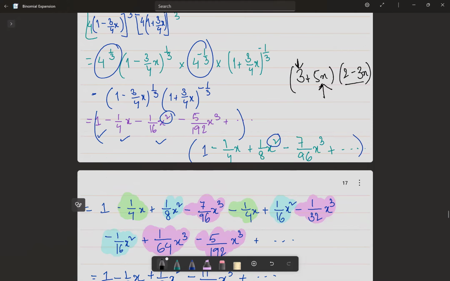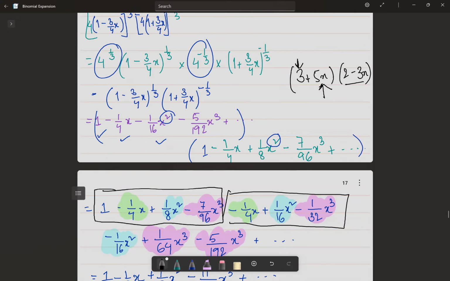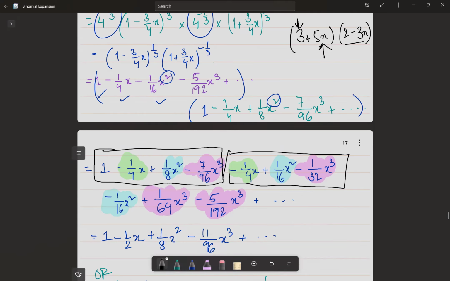We got the first 4 terms with 1, and then we picked 1 by 4. With 1 by 4, we got the next 3 terms. Then we picked 1 by 16x squared. With 1 by 16x squared, we got the next 2 terms. And with minus 5 by 192, we got the last term. After this, we just normally added and subtracted to get our final answer.